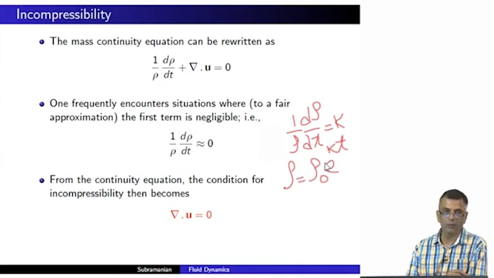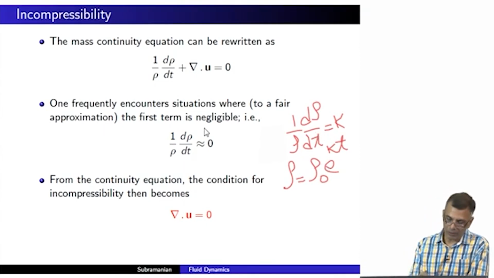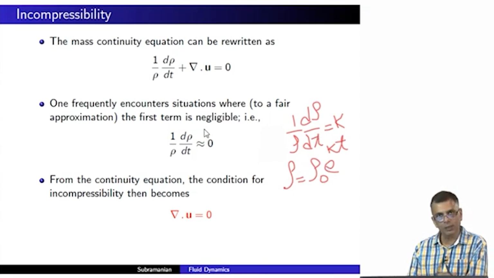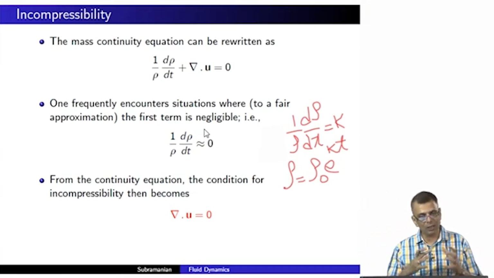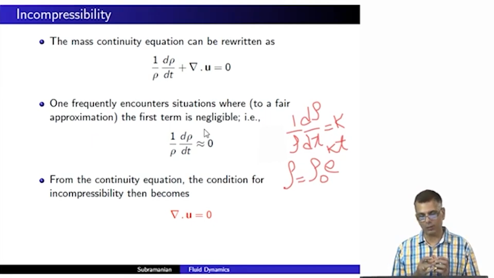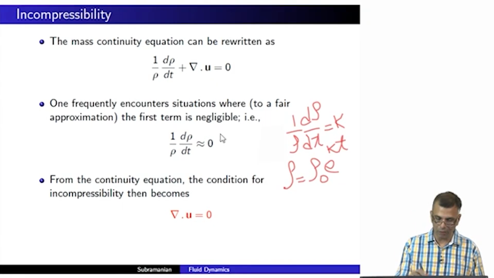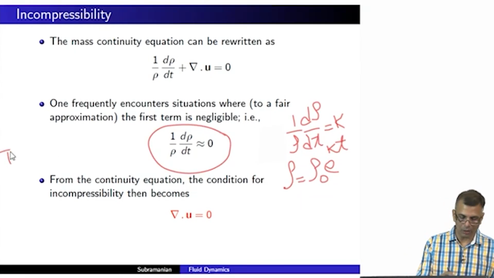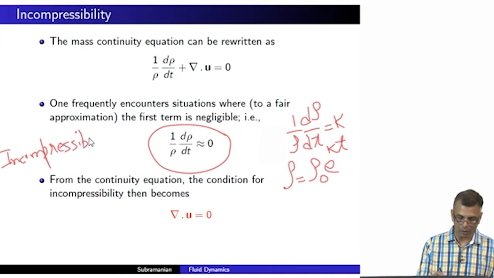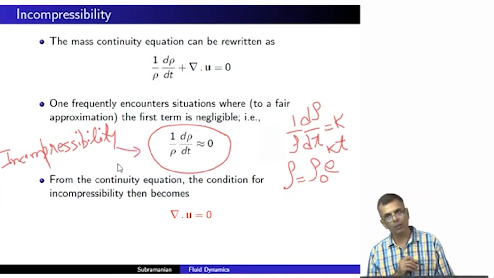Suppose that's not so. Suppose the density is not changing as a function of time, right? In other words, the fluid is not squishy. You cannot change its density. The fluid is what's called incompressible. This is the condition for incompressibility. That's what this equation is telling you.